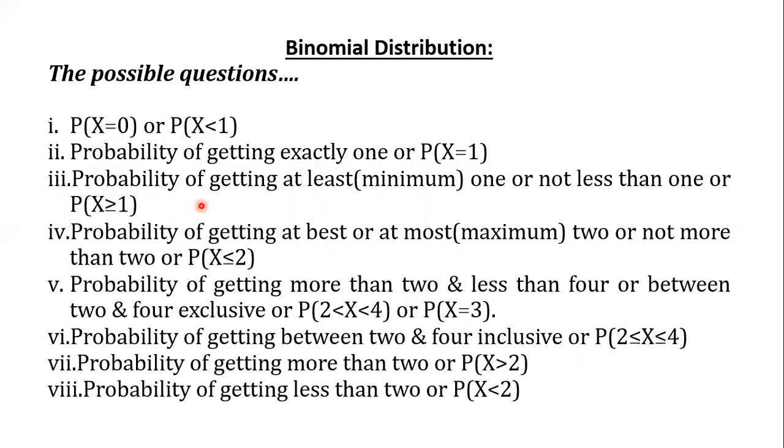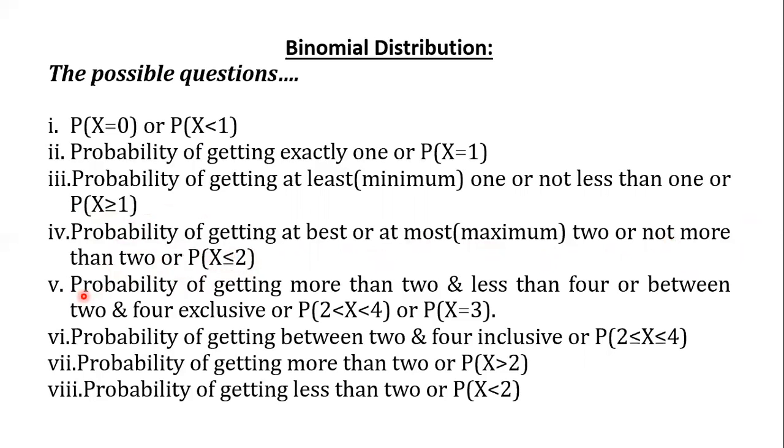Roman 3, probability of getting at least 1, or not less than 1, or probability of X greater than or equal to 1. Roman 4, the probability of getting at best or at most 2, or not more than 2, that is probability of X less than or equal to 2.